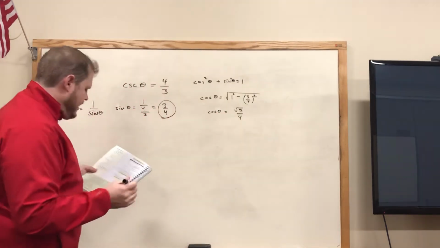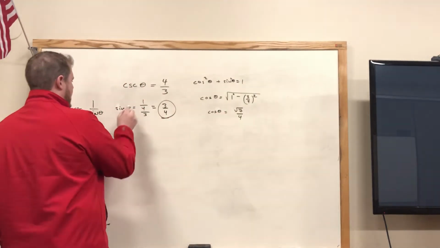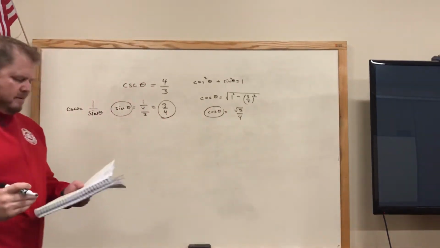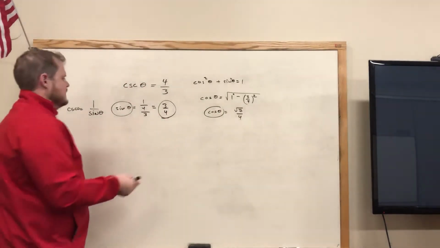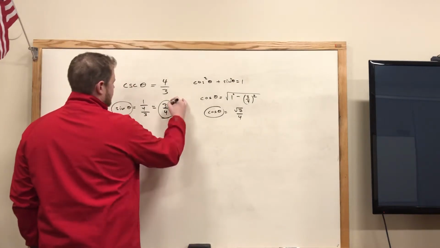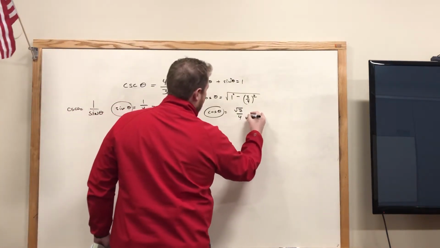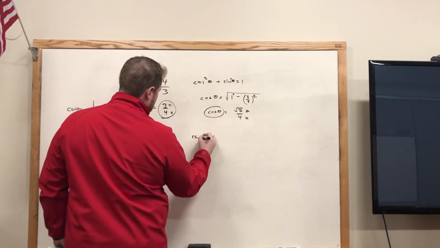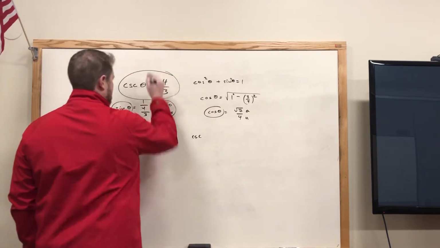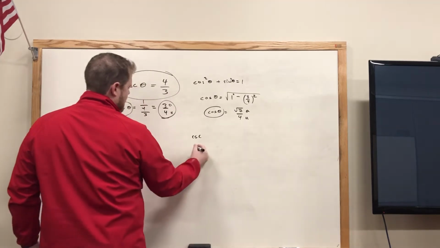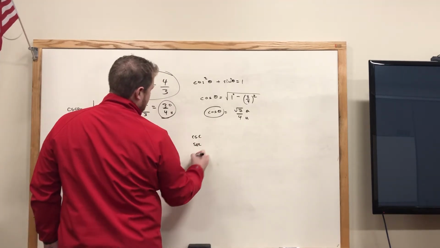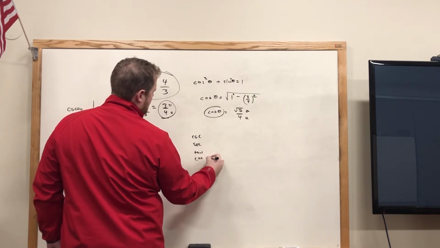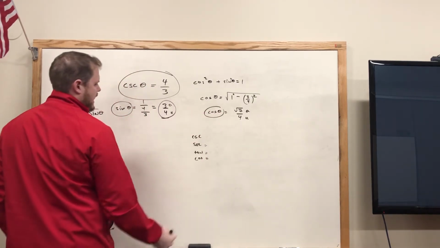Think about this for a second. I have sine, I have cosine. The rest of them can be found now. Why? Because this is the hypotenuse, this is opposite, and this is adjacent. So I can find cosecant, which I already knew, I can find secant, I can find tangent, and I can find cotangent based on the information I have.